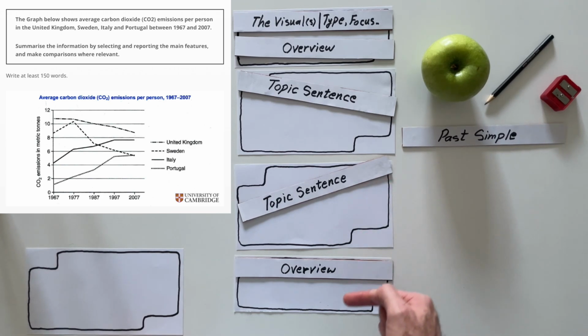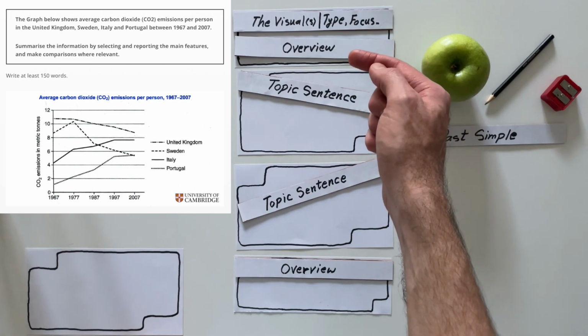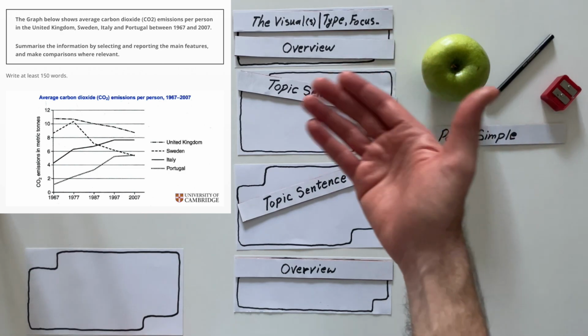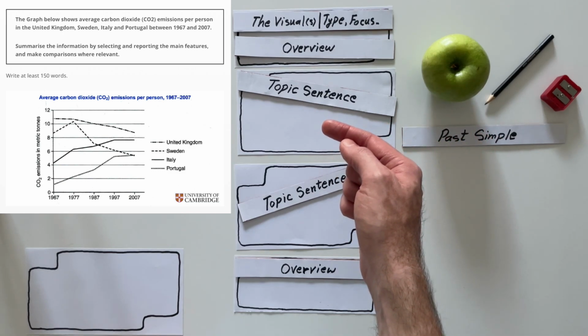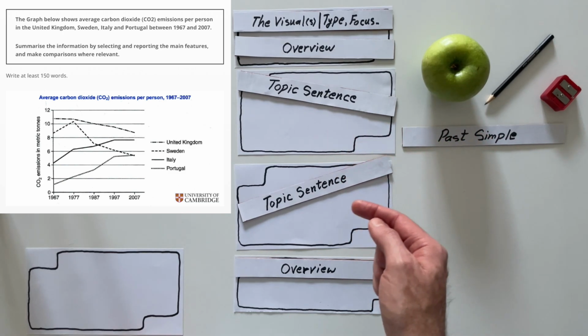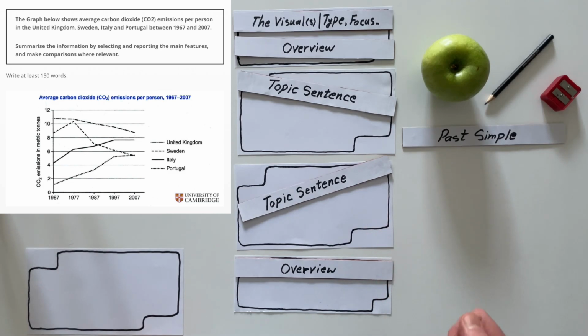And now it's connected. Now every element in my report is going to be connected. United Kingdom, let's stick to the vocabulary here. United Kingdom and Sweden. This one is Italy and Portugal, and this one is Portugal.